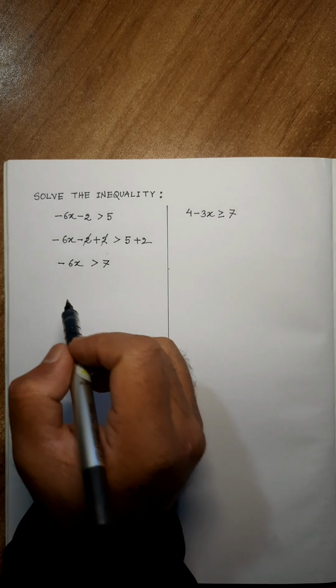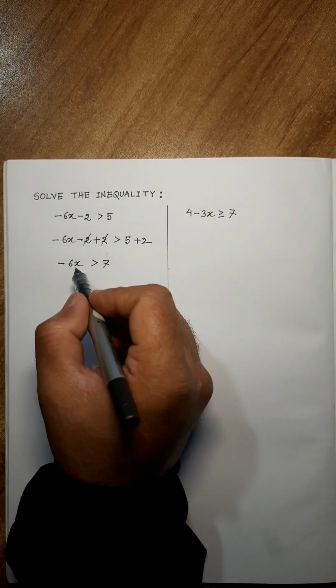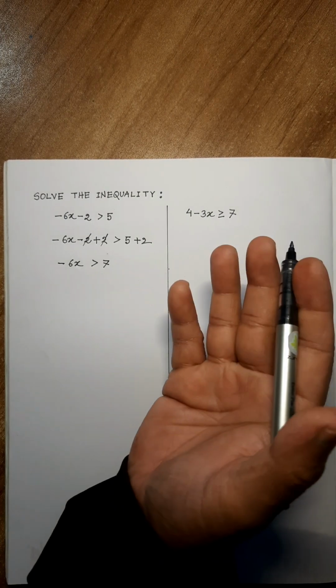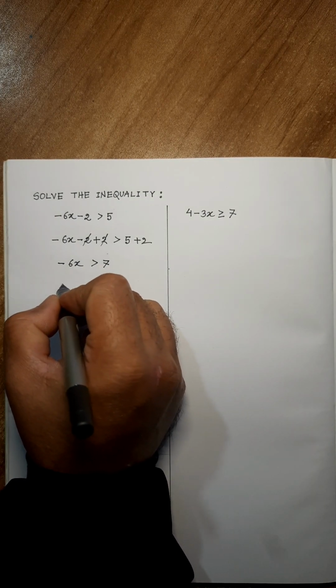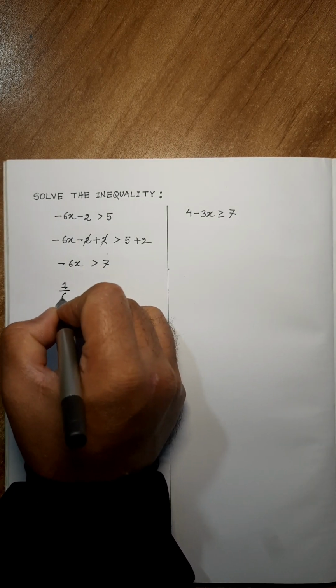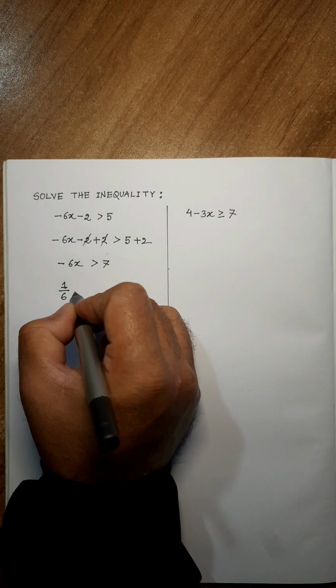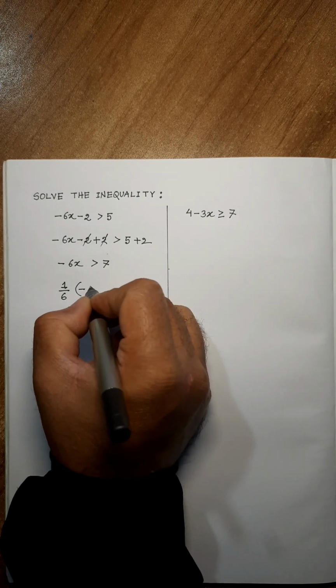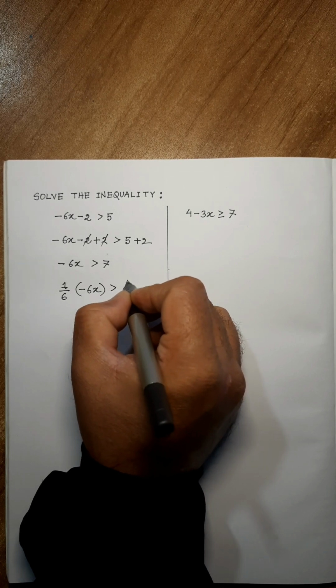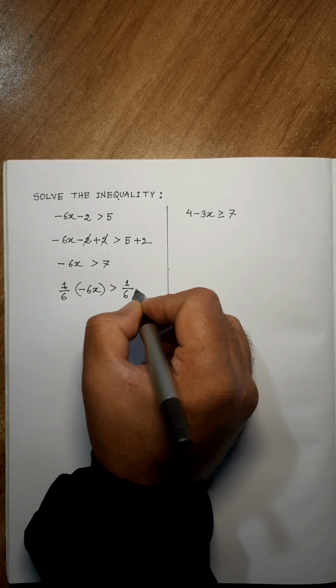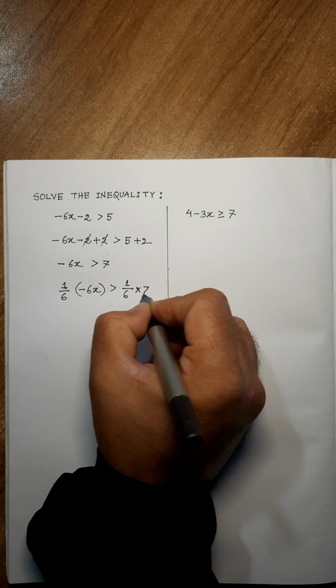Now comes the interesting part. We need to remove this minus 6. How can we do that? Well, one way of doing that is multiplying both sides by 1 over 6. So 1 over 6 times minus 6x is greater than 1 over 6 times 7.